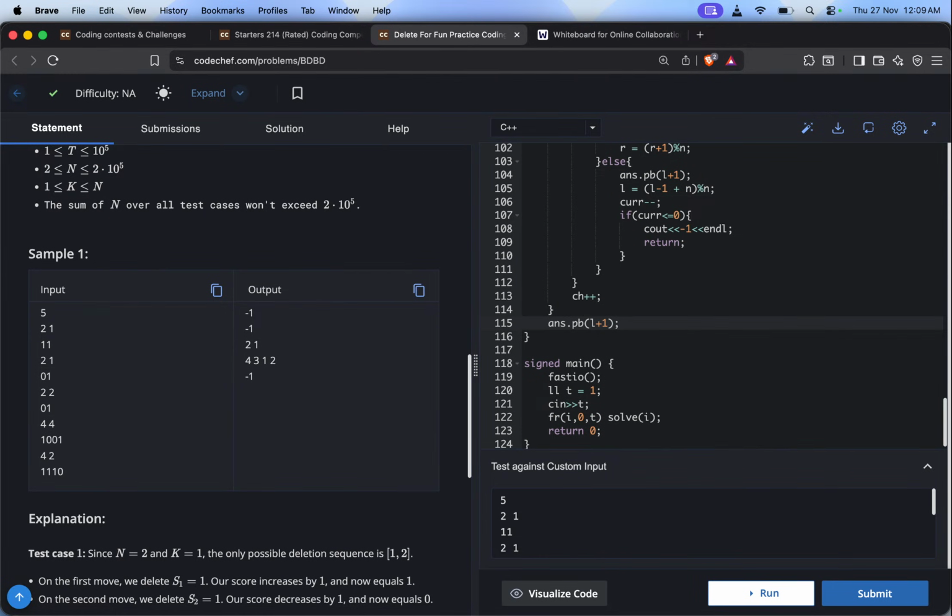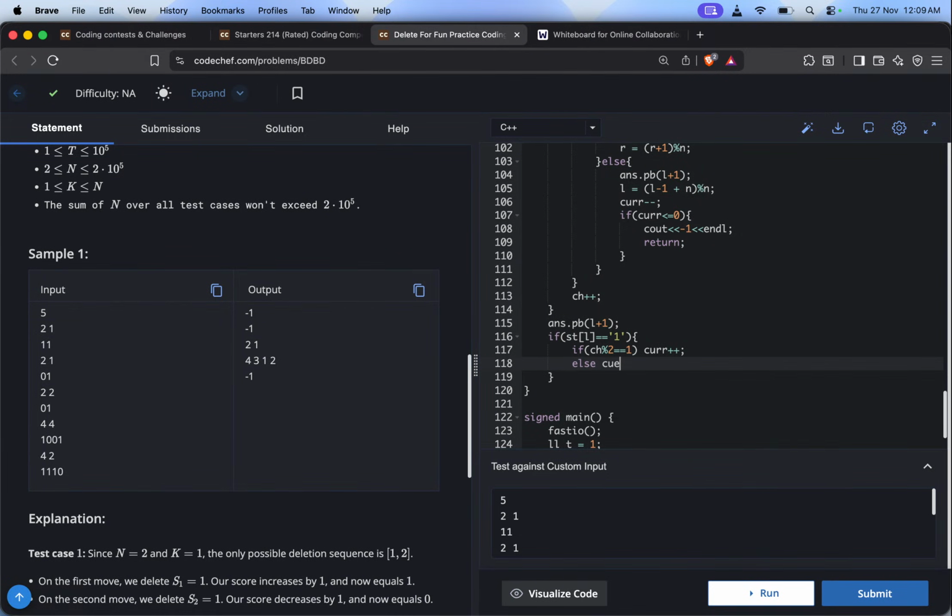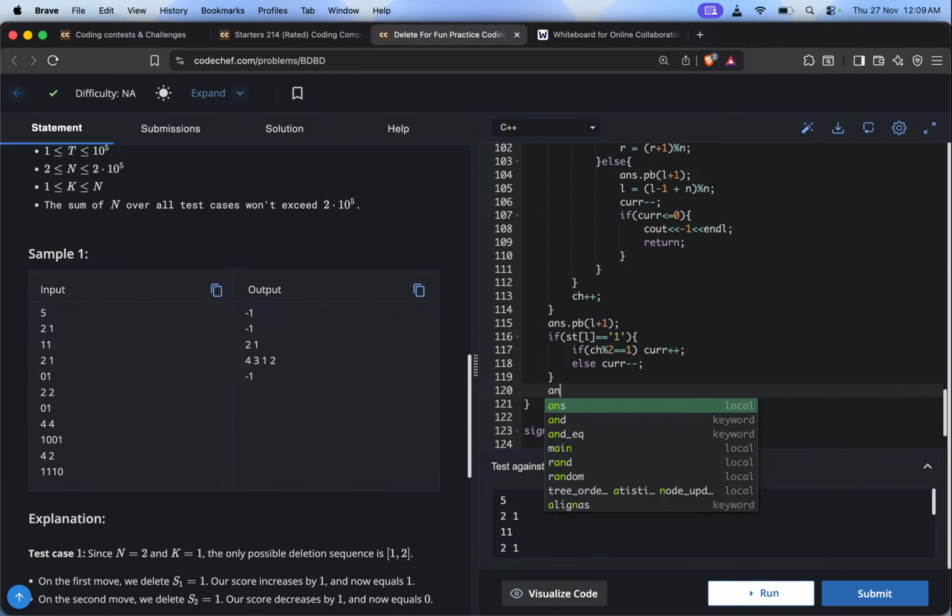That is the Lth element or the Rth element. Now, if the current element is 1, then only the score will change, increase or decrease. If the choice is odd, then the score increases. Else the score decreases, and by decreasing, it can go negative. So check this condition again.